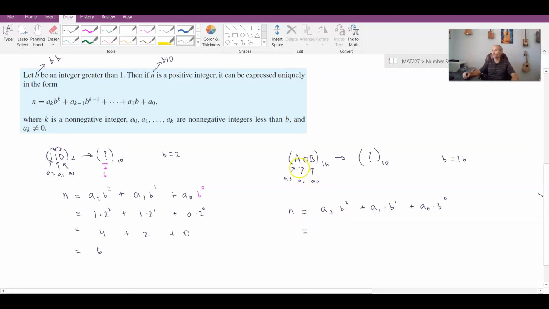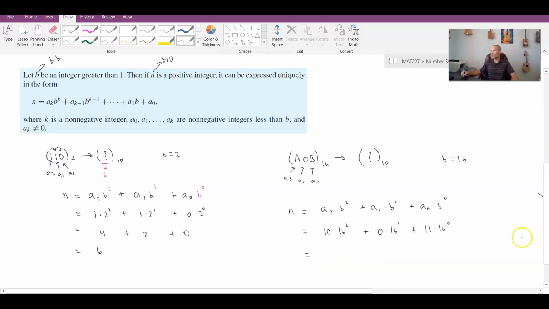So our A2 is A, and we said that A is just really the hexadecimal representation for 10. B in this case is 16, so 10 times 16 squared, plus 0 times 16 to the first, plus B, which is 11 times 16 to the 0, or really just 11.